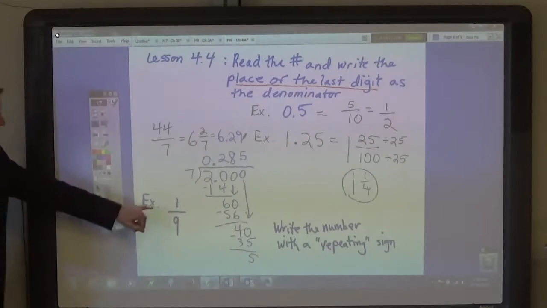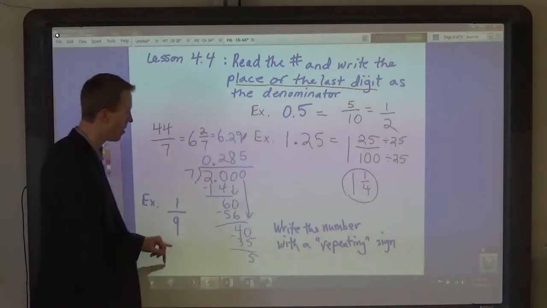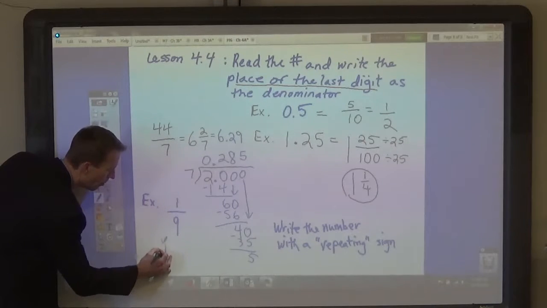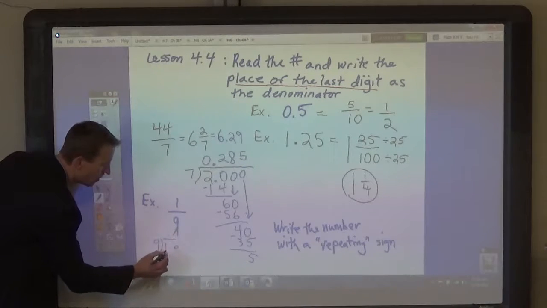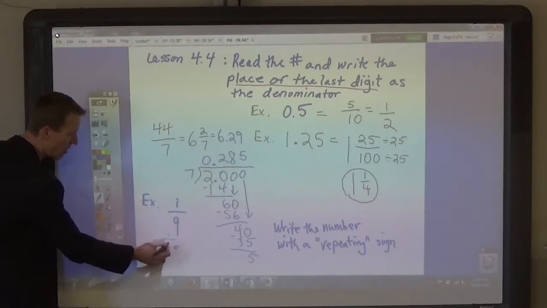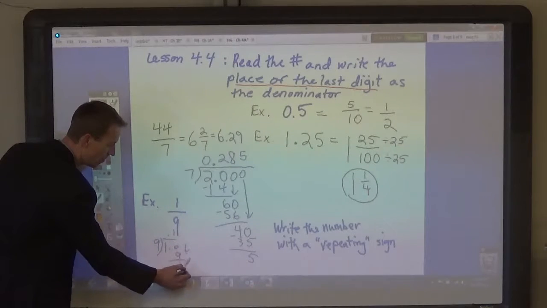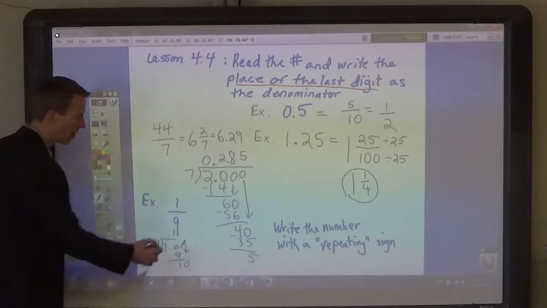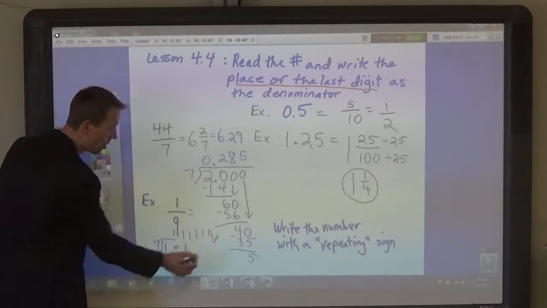Now, some numbers, when you divide them, like this one, 1/9, are repeating decimals. If we were to do this, you would see that we get 1 divided by 9, put a decimal point, and 9 goes into 10 one time, remainder 1. Bring down the 0, and you get 10 again. So it goes in 1 time. What you're going to find is that it's 0.1111111 on forever, right?